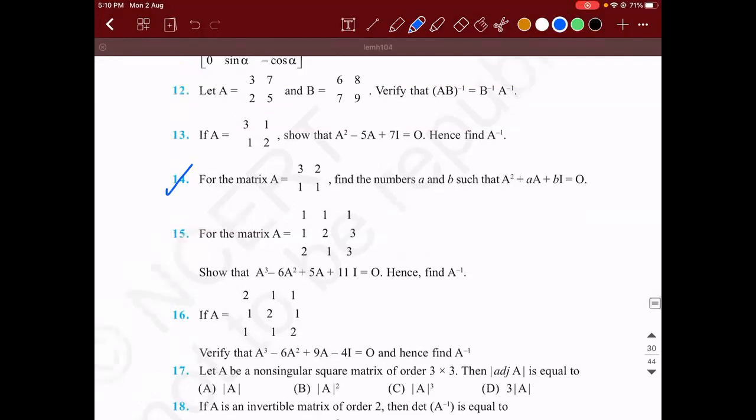Okay, 1 minute. Before we go to 14th, do the 13th one, find A inverse in terms of A and I and tell me. That first part verification, you can do it later.